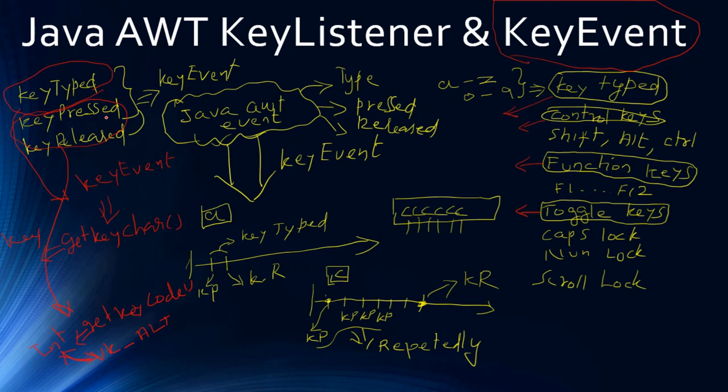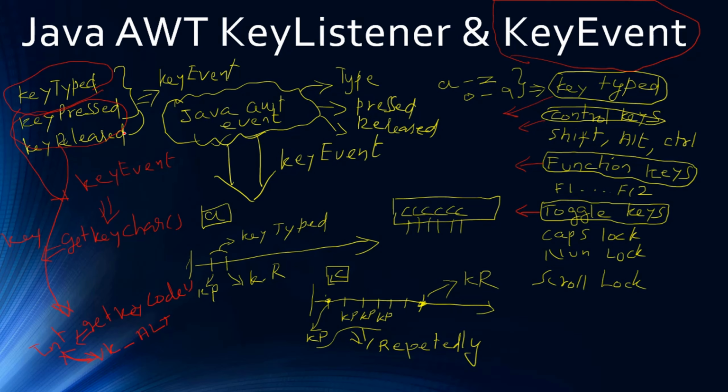When the user is holding down, for example, the alt key, we get the key event routed to keyPressed. And if you see here in the timing diagram, if they hold it for a long time, you will get the key event in the keyPressed handler multiple times, and each time you can check whether the alt key is still down.